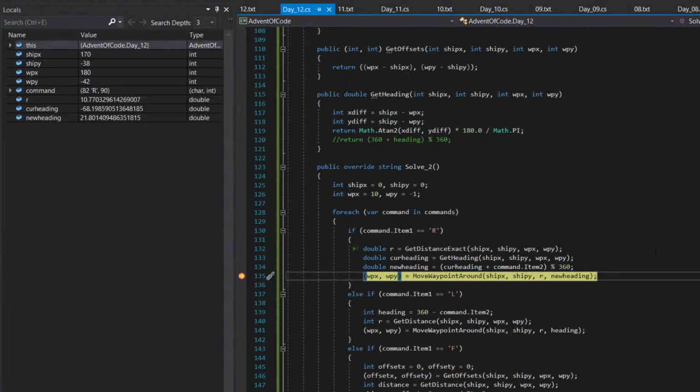What is it doing? It's going down. It's going directly south. That can't be right. I want a new heading of 21, which should be slightly east and down.